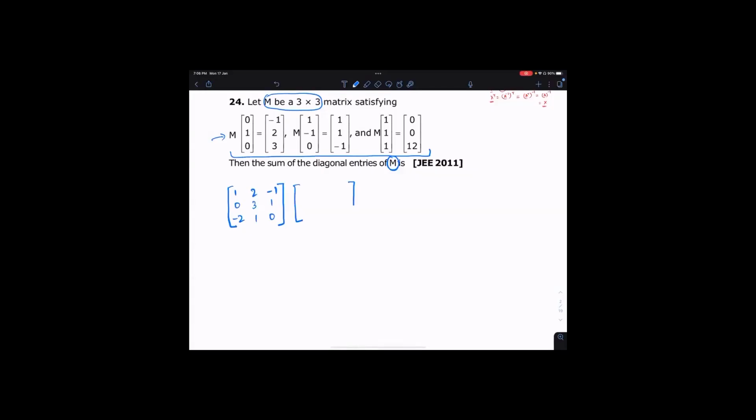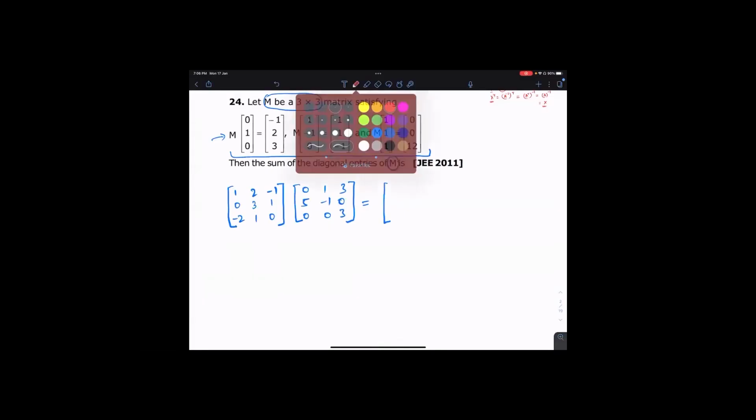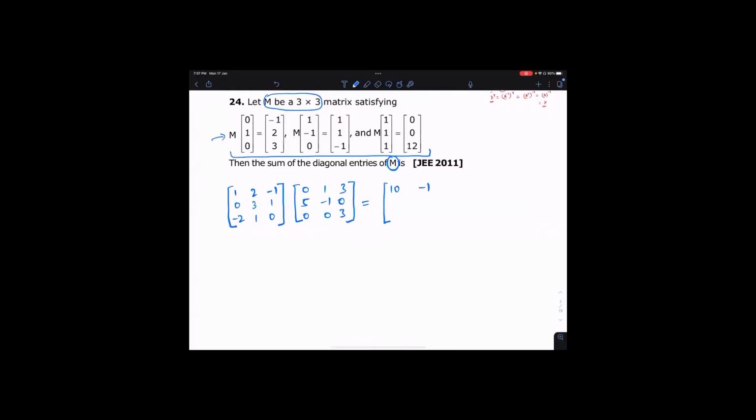This and this, let's say. I'll take more zeros. 5, minus 1, 0, 0, 0, 3. Let's take like this. Now, when I'm multiplying these, what will I do? You know the multiplication. I'm not going to explain it again. I'll just write the result. You will get 10. Next, 1, minus 2, minus 1.